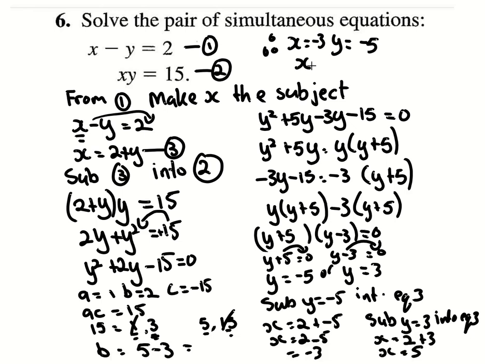And when x was equal to 5, y was equal to 3. And that would be your answer for this question on how you would solve simultaneous equations with linear and non-linear equations.